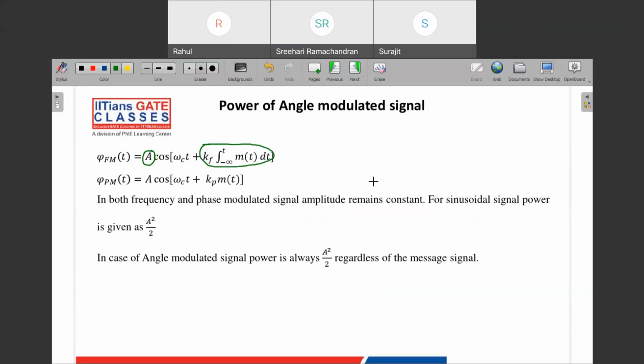So in angle modulation, the power is always equal to A squared by 2, regardless of the message. In amplitude modulation, the power of the modulated signal was changing with the message, but in angle modulation the power of the modulated signal is constant.